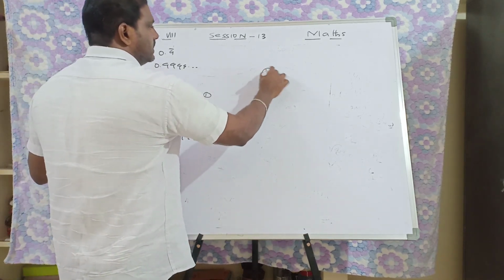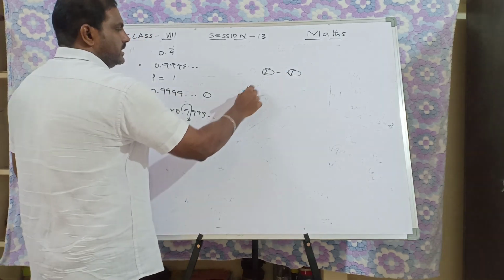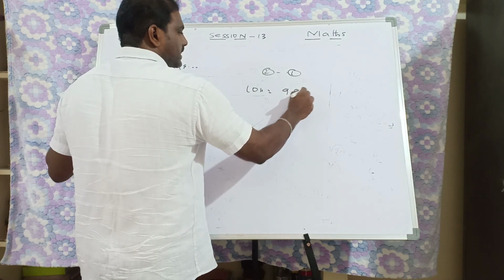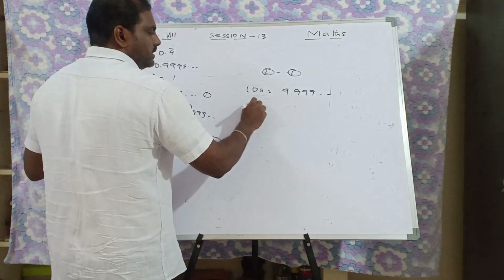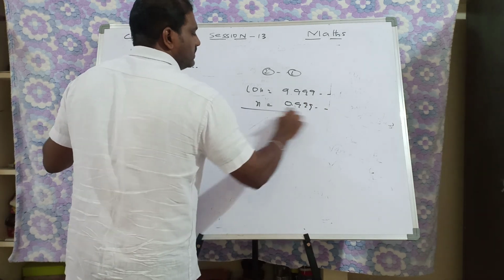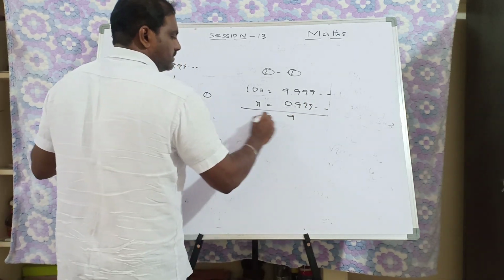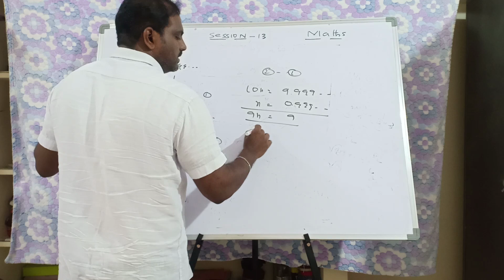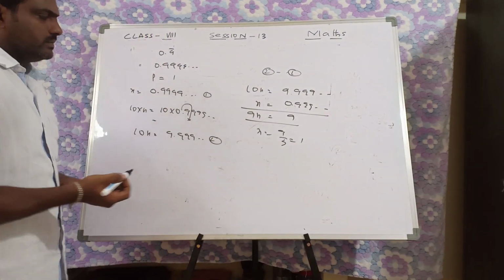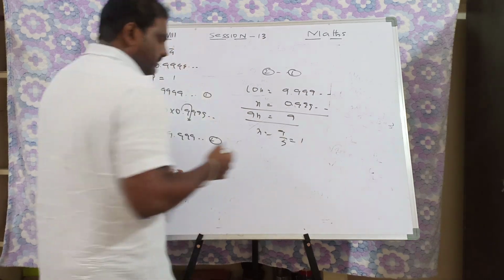Now equation 2 minus equation 1: 10x is equal to 9.999 and so on, and x is equal to 0.999 and so on. So we get 9x is equal to 9, or x is equal to 9 by 9, which is 1. So we have to write 1 by 1.